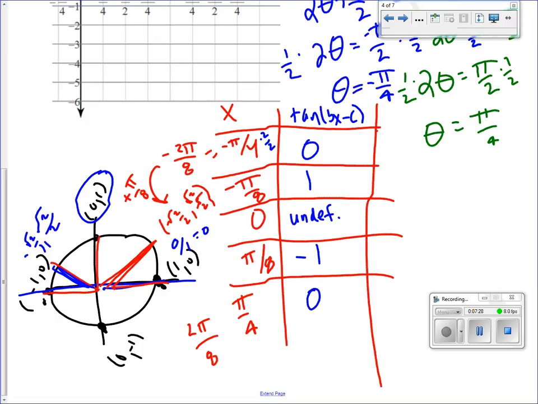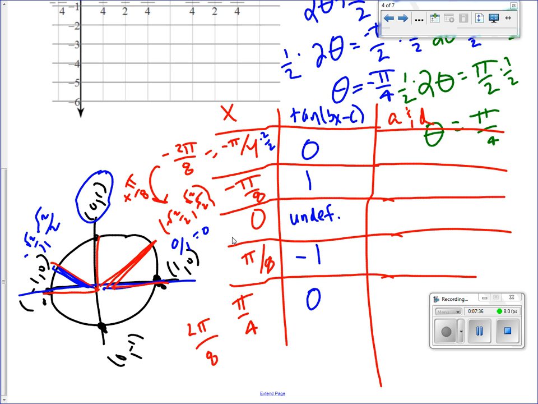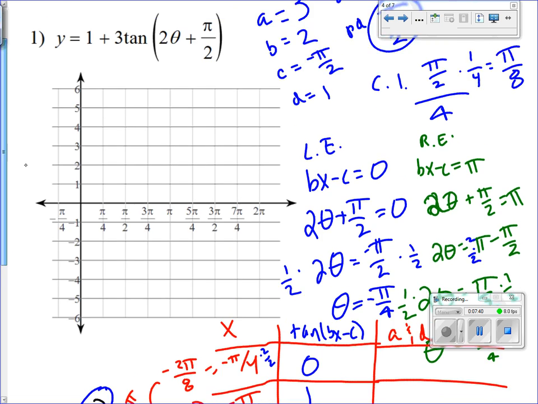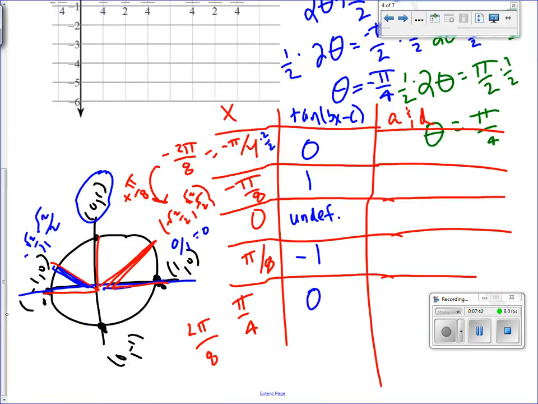Now, just like we've done every other graph, now we're going to consider a and d. So our a value was 3 and our d value was positive 1. So let's check that. I'm going to take each value and multiply it by 3 and then add 1.